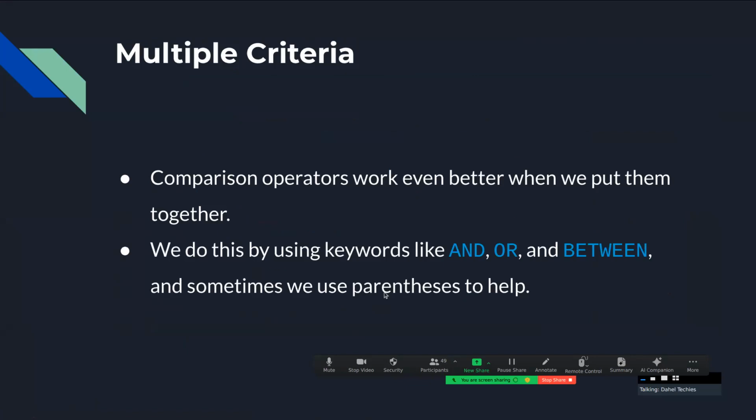There are keywords that can help us do this: AND, OR, BETWEEN, and IN. And if the query gets complicated, not in a hard way, just maybe too long, then you can use parentheses to help you understand it. So let's see an example.